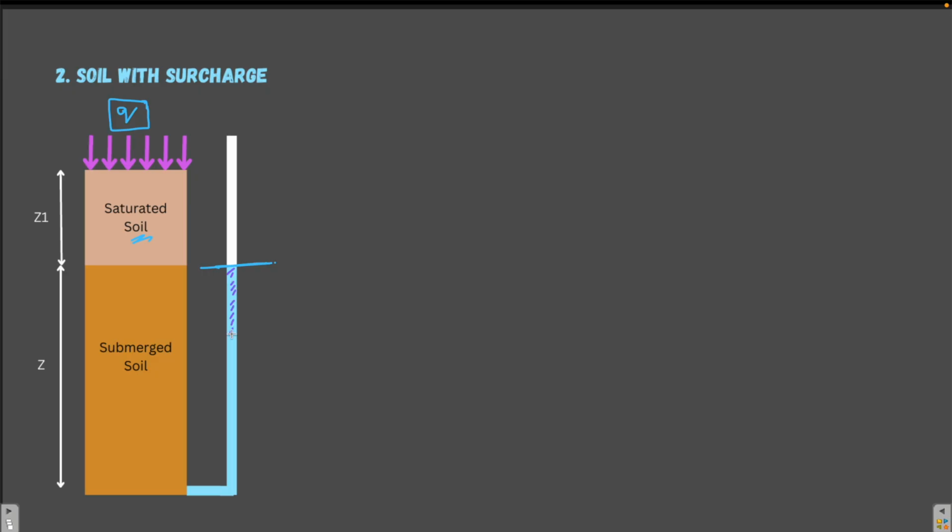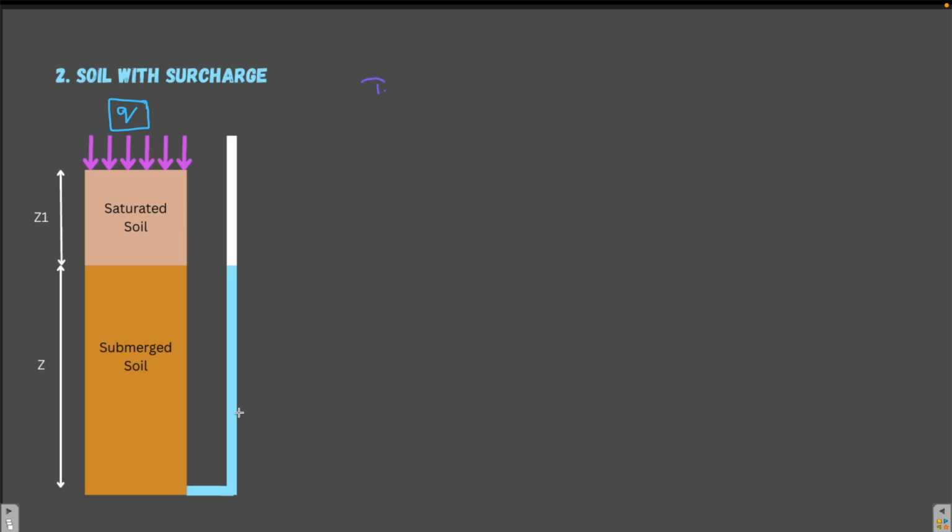This means this is the groundwater table, and the soil is submerged below this, though it is saturated above this, but it is not in submerged condition, right? Now we have to find out the total stress, the effective stress, and the pore water pressure. So let's try to do that.